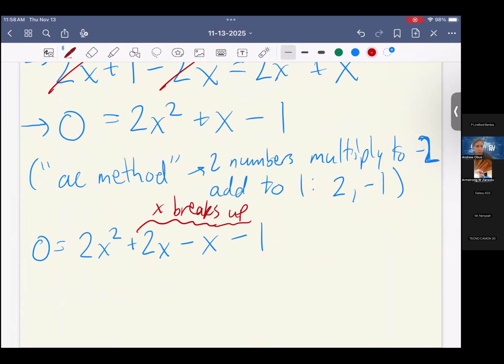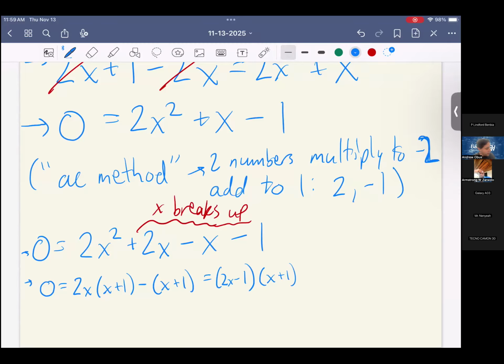So the x becomes a 2x and a minus 1x, and once you have this, the factoring becomes easy. 2x squared plus 2x you can write as 2x times x plus 1, and then minus x minus 1 is minus times x plus 1. You can factor out an x plus 1, so that's x plus 1 times 2x minus 1.